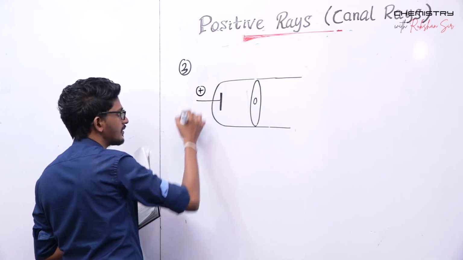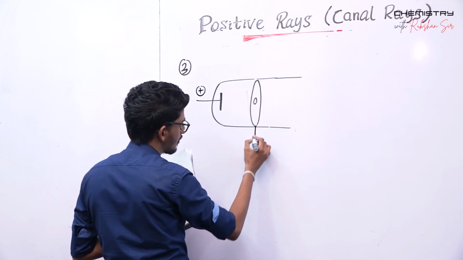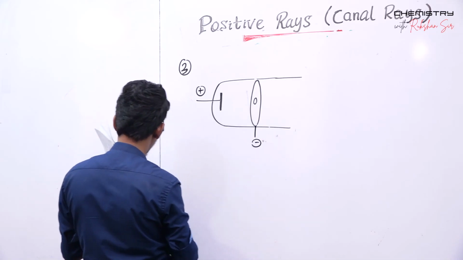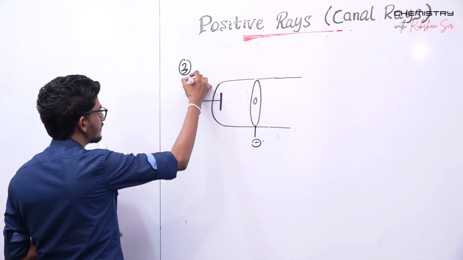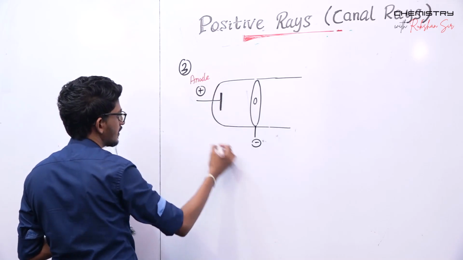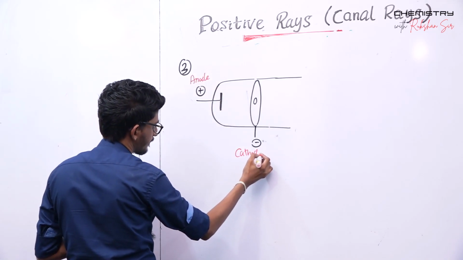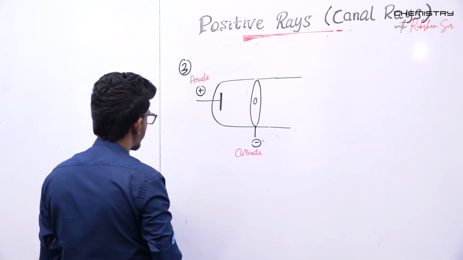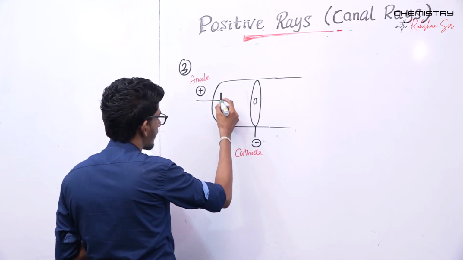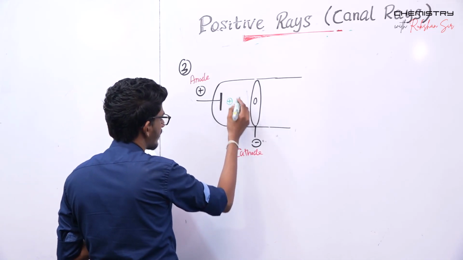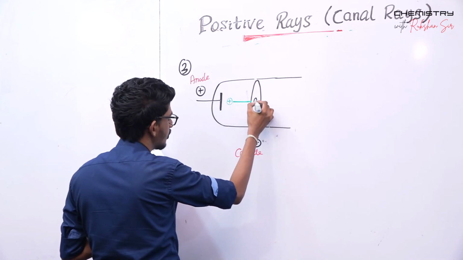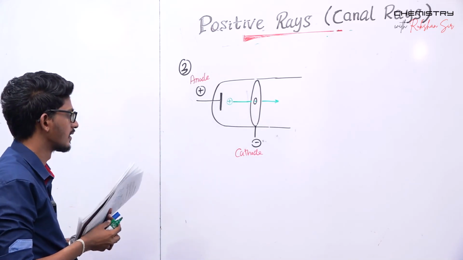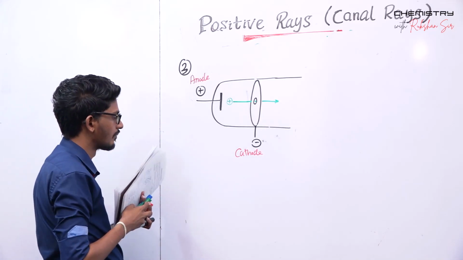This is your positive terminal, the anode, and this is your negative terminal, the cathode. The positive rays which travel through the hole will come out like this.